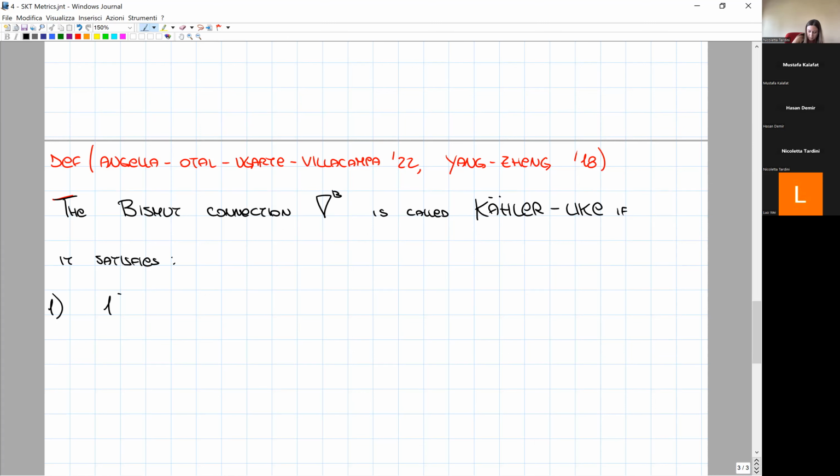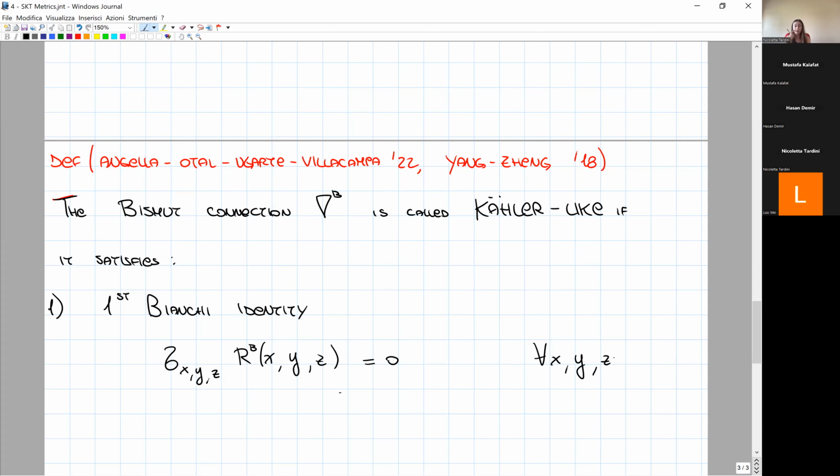First, we have the first Bianchi identity, which means that the cyclic sum over X, Y, Z of R^B of X, Y, Z is 0, for every X, Y, Z vector fields.